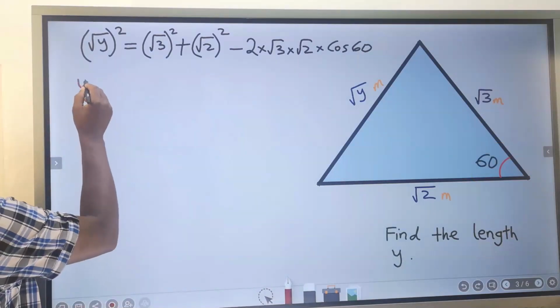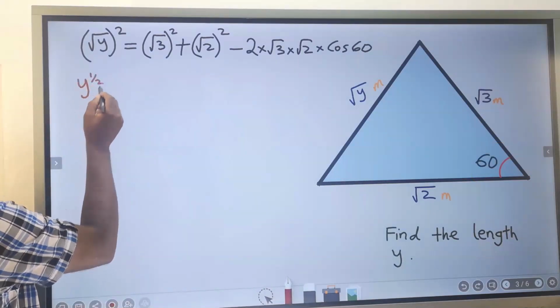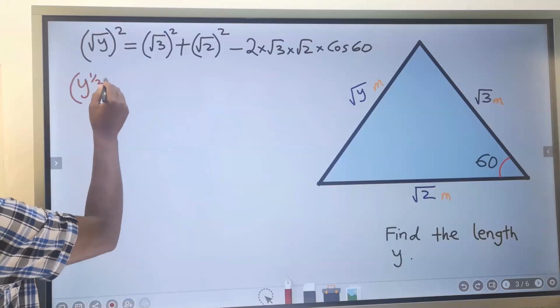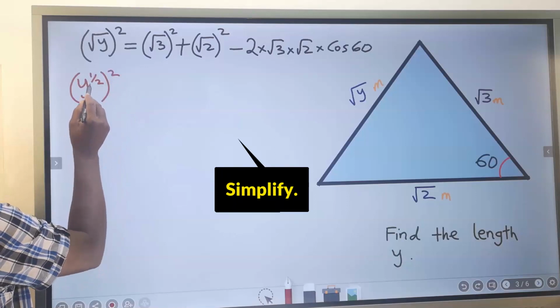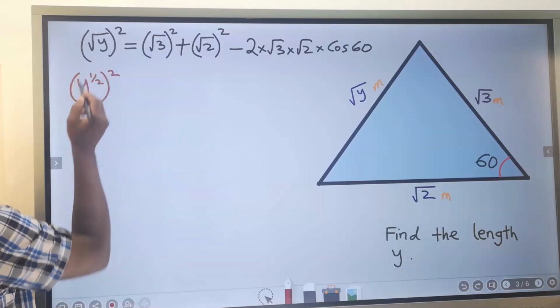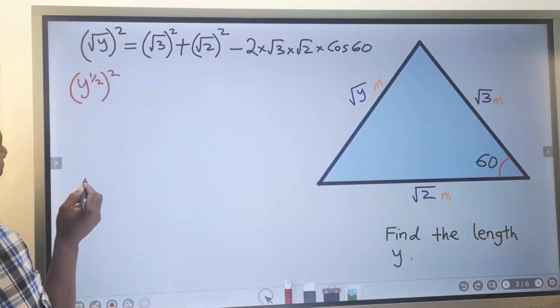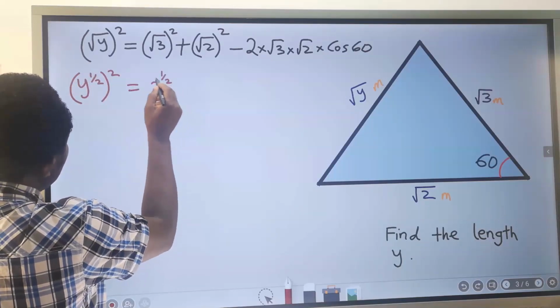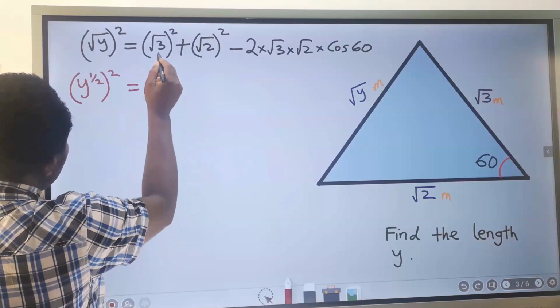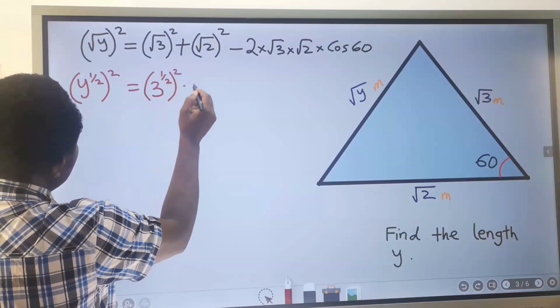Next, we're going to have y to the power of 1 over 2 all squared. This y to the power of 1 over 2 is the same thing as the square root of y. And here, 3 to the power of 1 over 2 is the same thing as the square root of 3 squared.